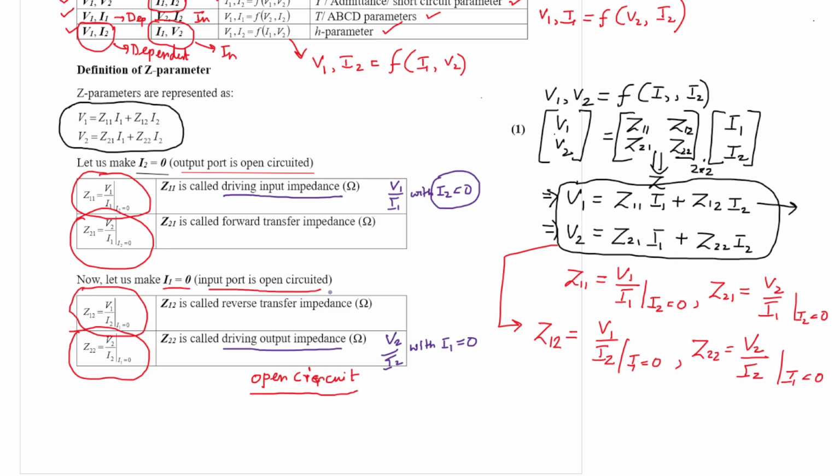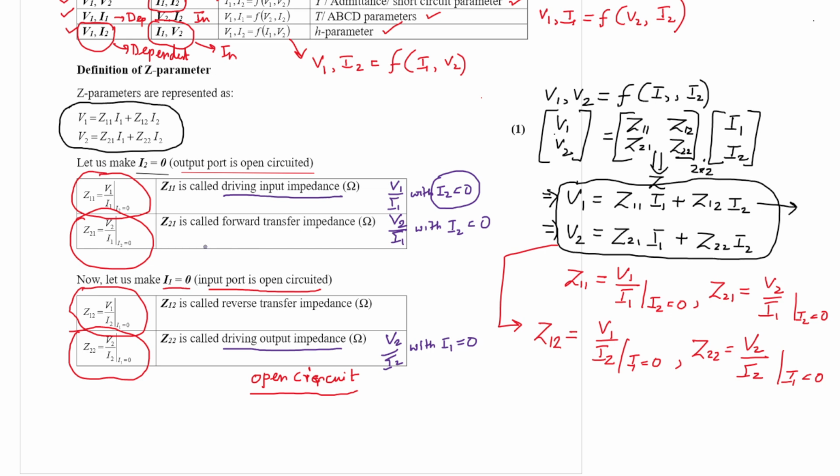Now let us come to Z21. Z21 is equal to V2 by I1 with I2 equal to 0. Why is this named forward transfer impedance?